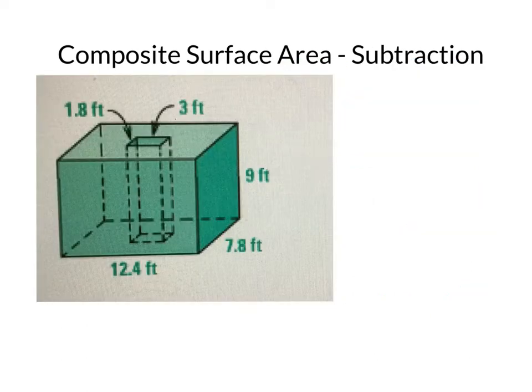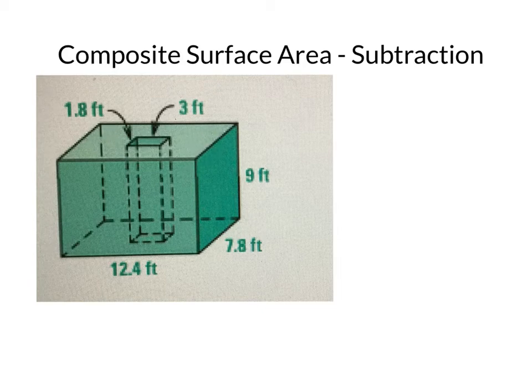So let's try some problems here. Notice our base here is going to be this. The base is always going to be the thing that has the missing part. So this is a cube or a rectangular prism with a rectangular prism missing. We're going to calculate the base area.